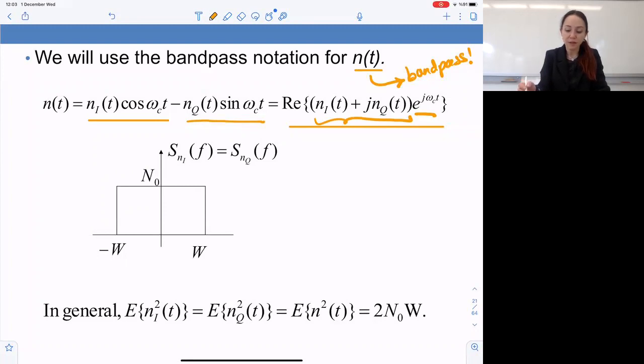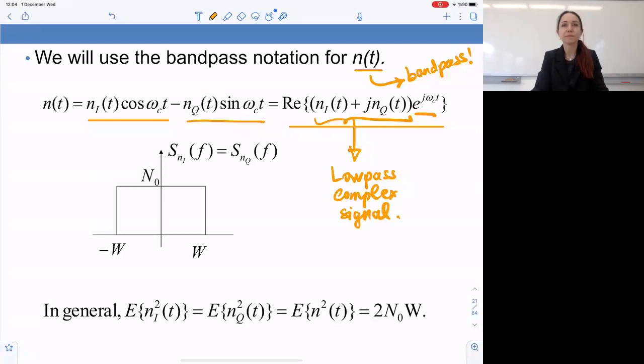So in that sense, we convert our bandpass noise signal into a low pass or baseband complex signal. We will make use of this a lot, just like we've used it in the past.